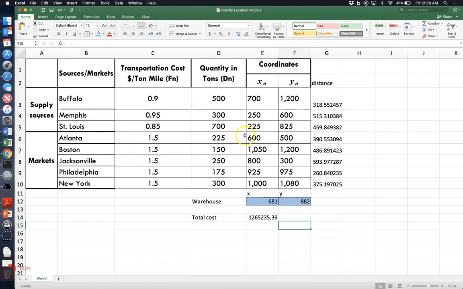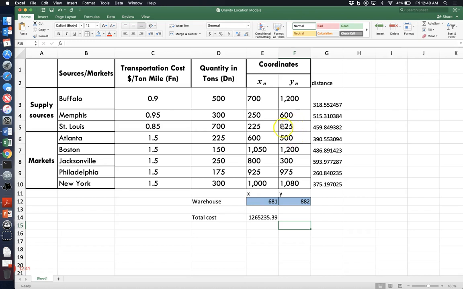So 681, so Atlanta has an x coordinate of 600. So 681 is slightly to the east of Atlanta, and 882 is St. Louis's y coordinate, and it is slightly north of St. Louis, I would say that, right?